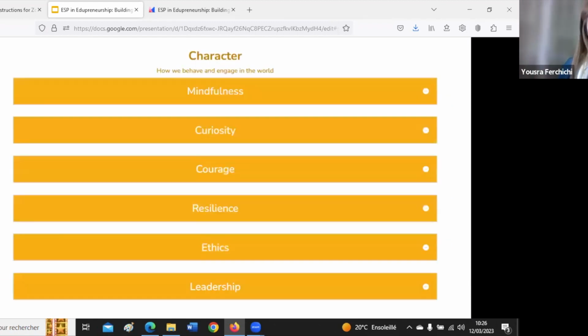And we talk about the character now: mindfulness, how to be there in space and time, how to instill curiosity, the curious mind, and how to give them the grit, the courage to follow their dreams, resilience, in case they fail, how they can bounce back from that, how to follow ethics. For example, I've seen a lot of professionals scared of ChatGPT.